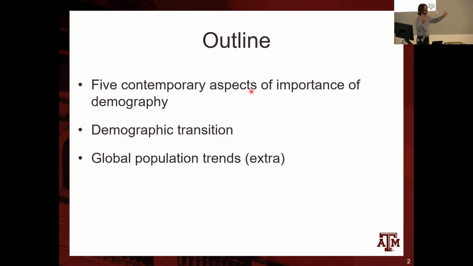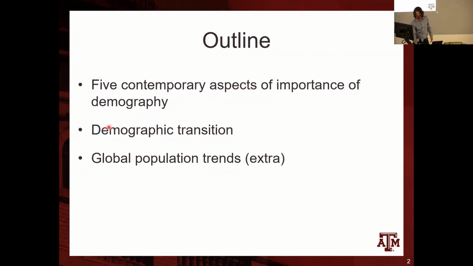What are major changes in demography that we are seeing in the world? And I'm going to talk about this demographic transition, this overall trend of declining mortality and declining fertility over time. That's kind of similar across societies. Some societies pass through demographic transition in earlier decades and earlier centuries than others.